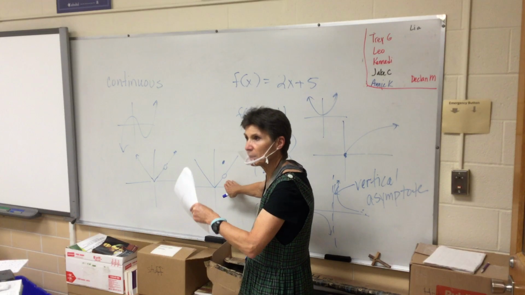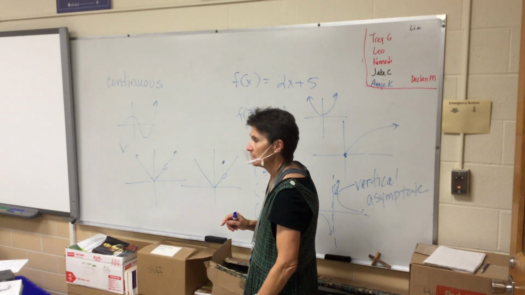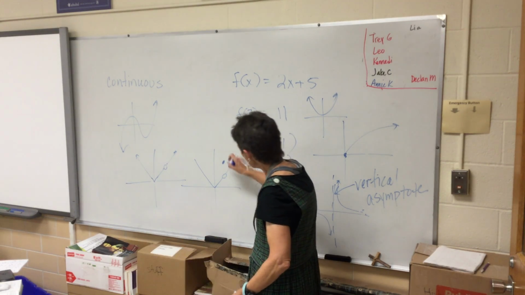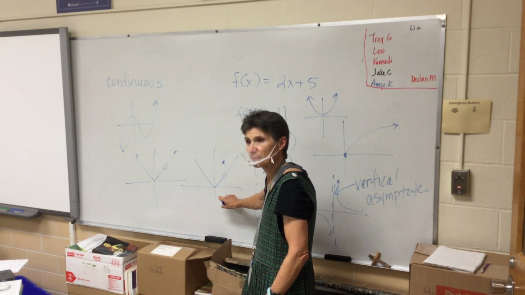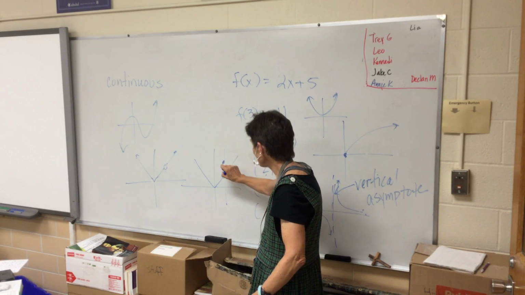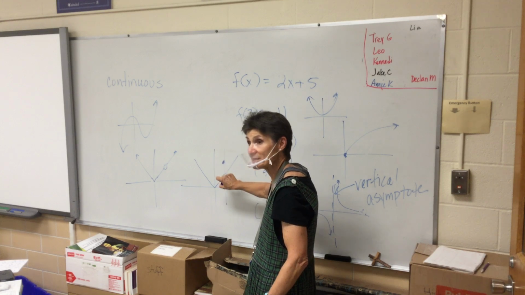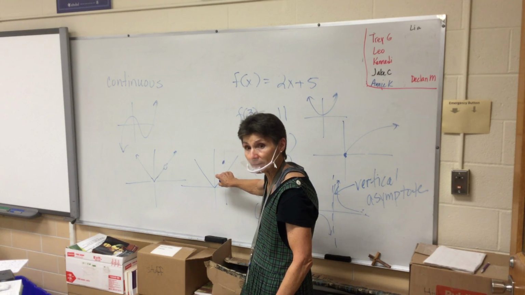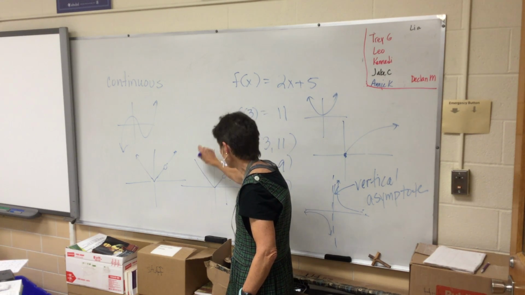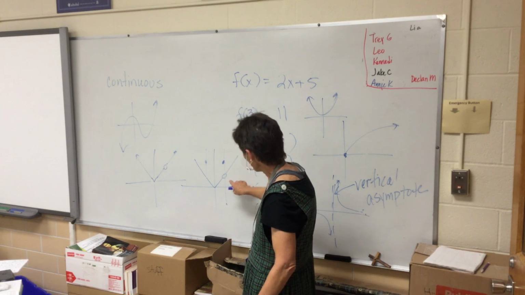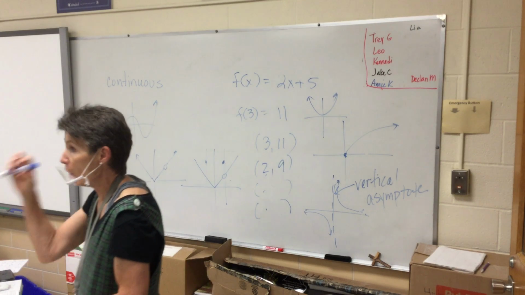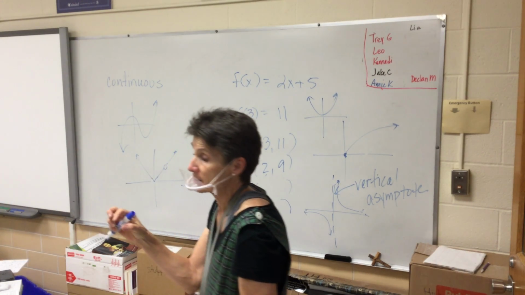Here, that dot is placed somewhere else, either above or below the opening. Now, is this still a function? Yes, because even though it looks like it hits twice, it really only hits here because that dot is open. You couldn't put that dot over here because then it would not be a function. So if you're going to have that random dot, it has to be above or below the hole. Does that make sense to you?